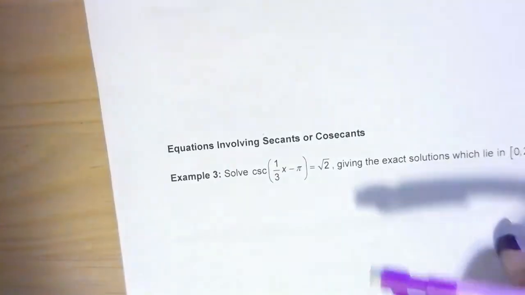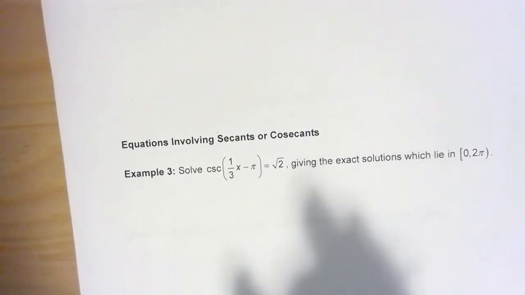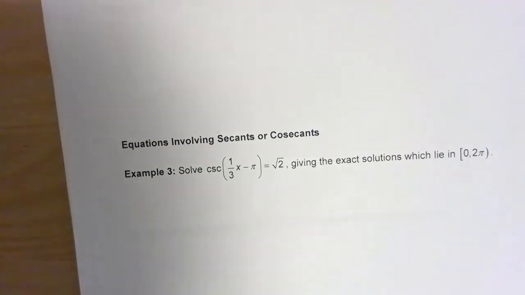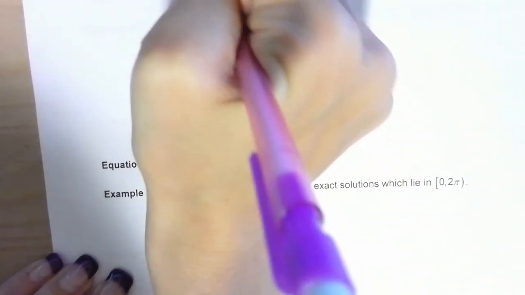Alright, next one. Solve cotangent 3x equals 0. So where does cotangent equal 0? Well, cotangent equals 0 at pi over 2.